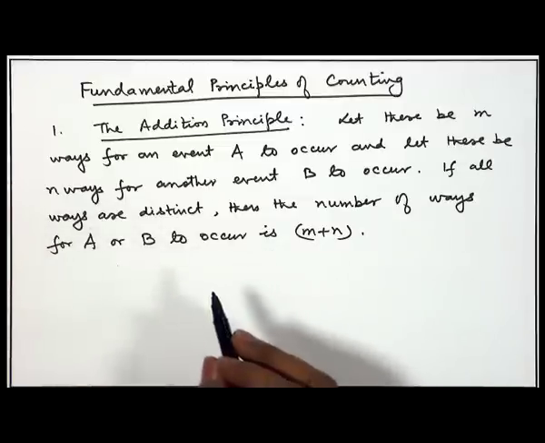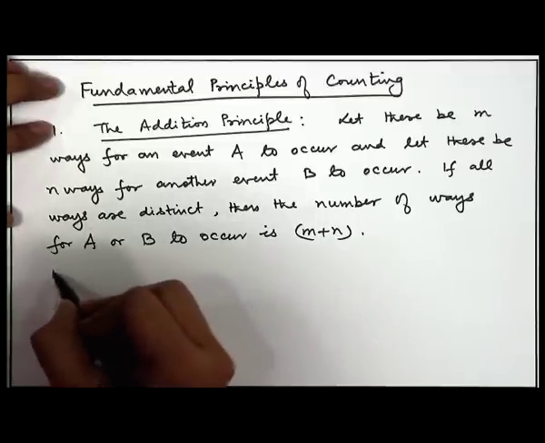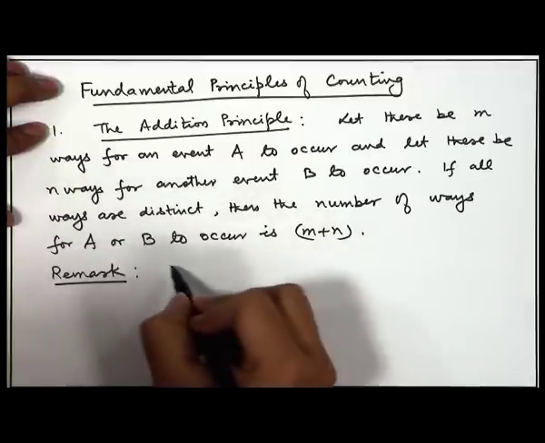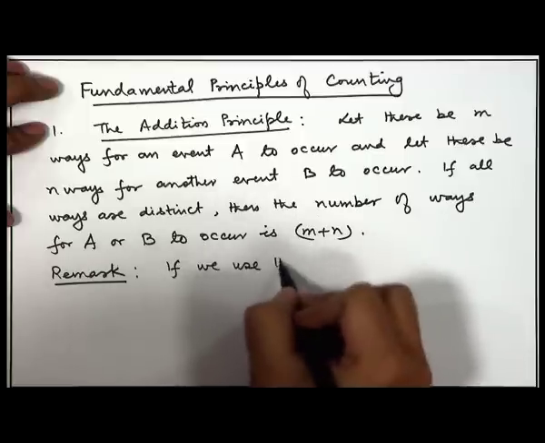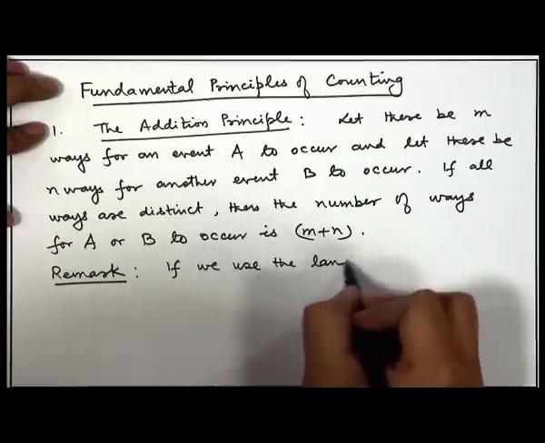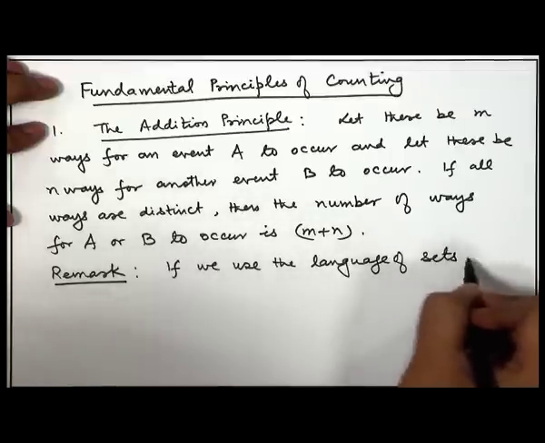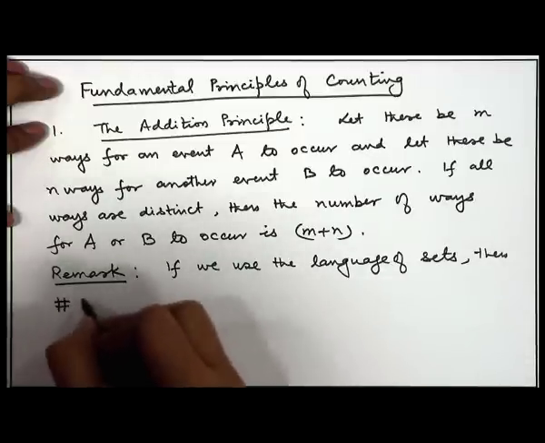We can express it in the modern language of sets also. Let me put it that way. If we use the language of sets, then let me put this symbol.